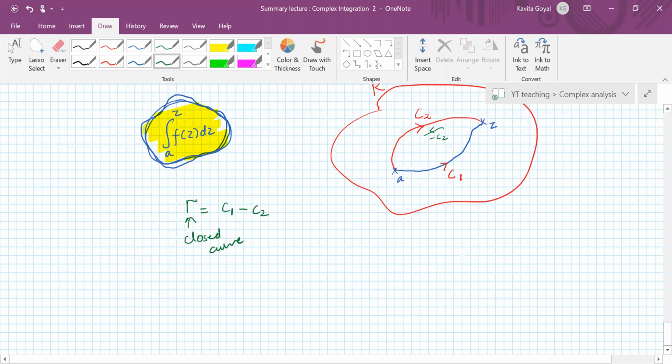Because I have taken minus C2, you will move like this. So you have a closed curve, and f(z) is analytic on and inside tau, because f(z) is analytic everywhere in R. Therefore, the integral along tau of f(z) dz is 0 by Cauchy's theorem.